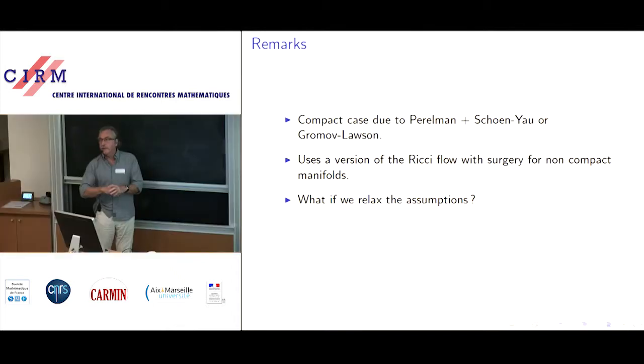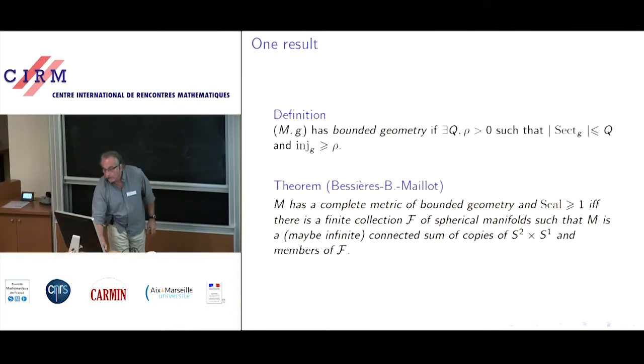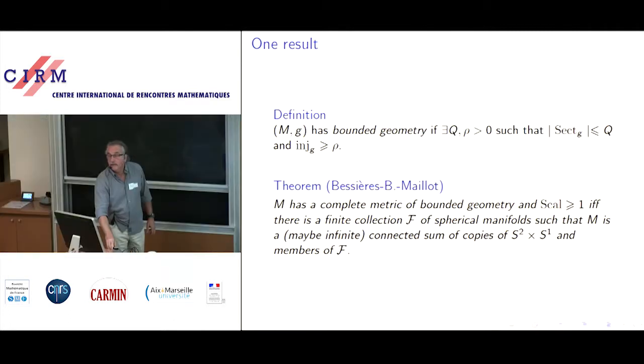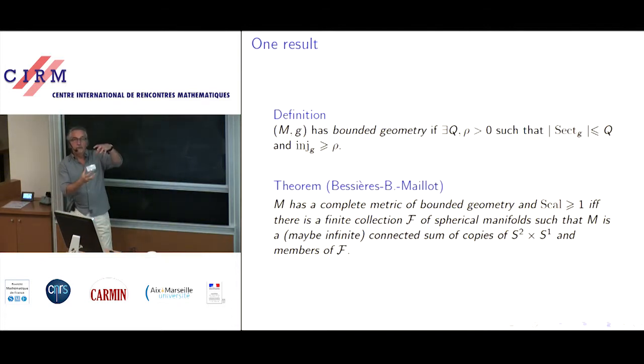How did we use the injectivity radius? Well, I can come back to the statement. You see this family here, F is a finite collection. And finiteness comes from the fact that the injectivity radius is bounded below. This is a collection of spherical manifolds, lens spaces.